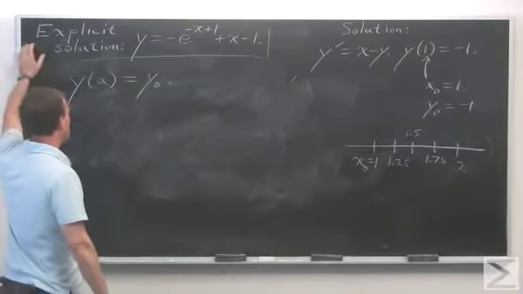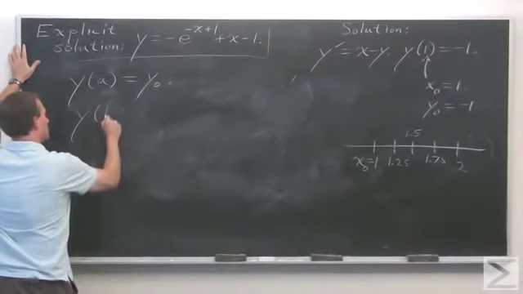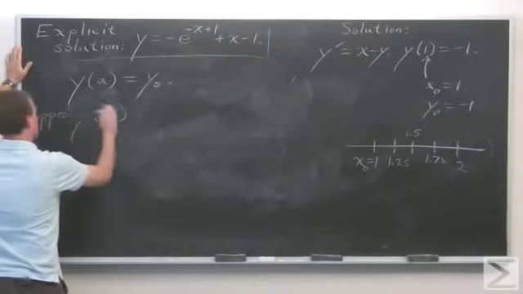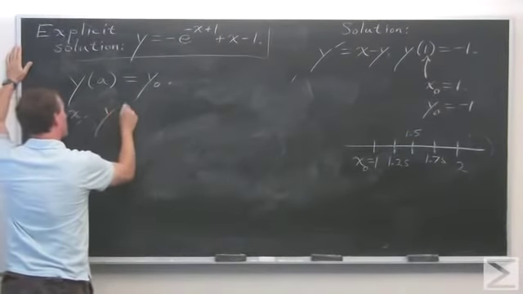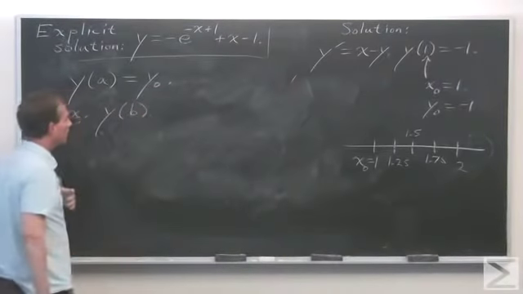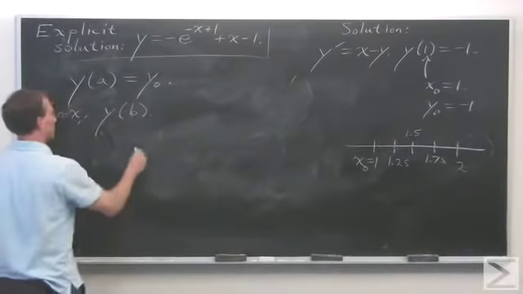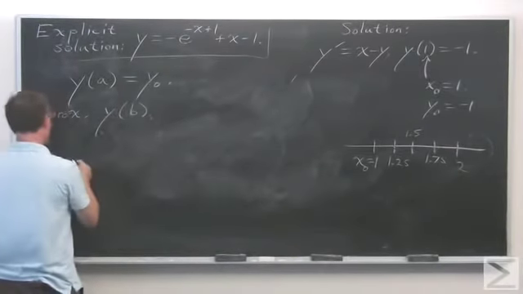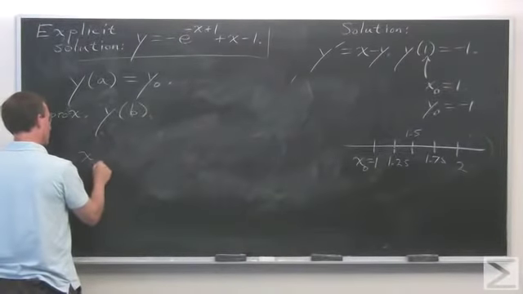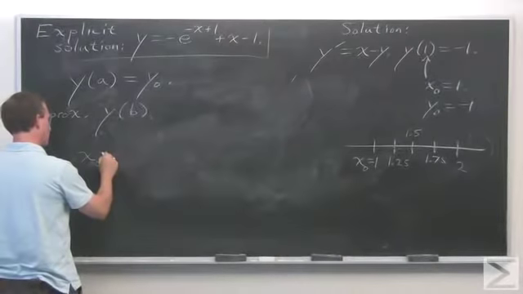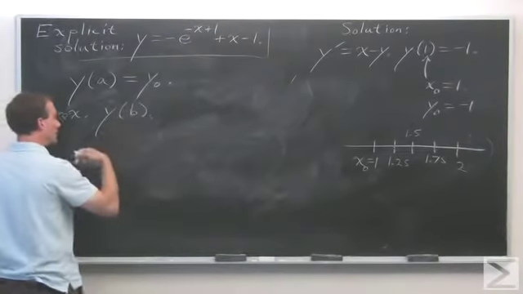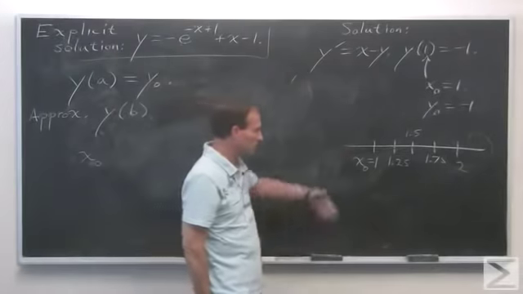I've called this A, so that I can say suppose we're trying to approximate y at B. So you call this A, which for us was 1. You also call it x naught, thinking of it as our initial x value. So you start with x naught, and you want to go out here to B in steps.